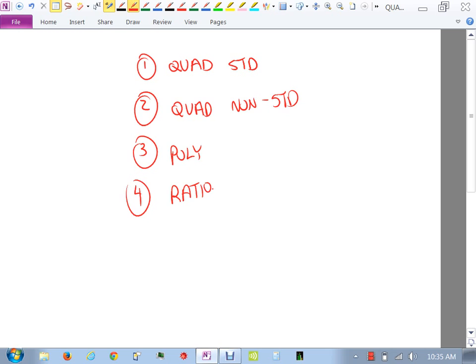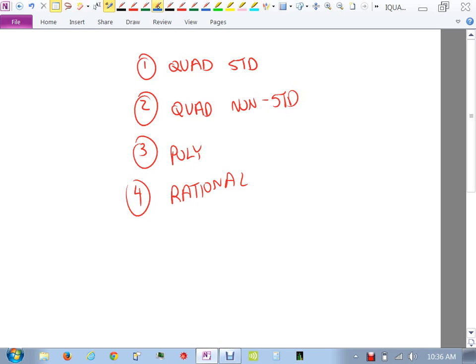That's what you're going to expect. Now, these problems will not be equally weighted, which I know doesn't make you happy. The last problem, the rational function, is worth the most.